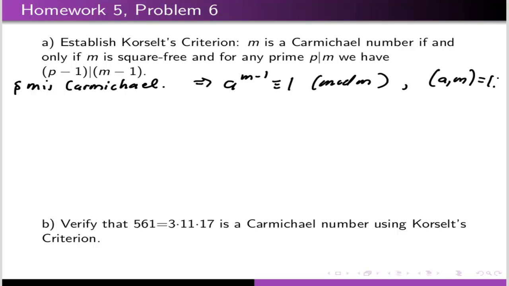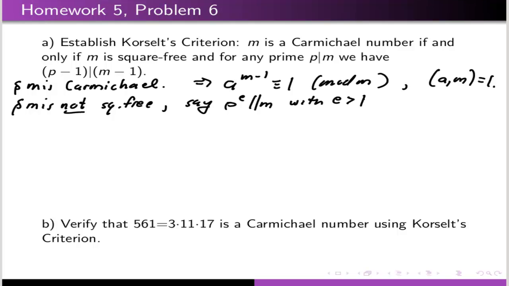So let's do a proof by contradiction. Suppose m is not square-free. So say p to the e divides m. We can do exactly dividing with e bigger than 1. So you got some prime divisor where e is bigger than 1.